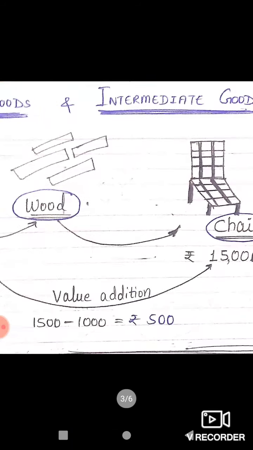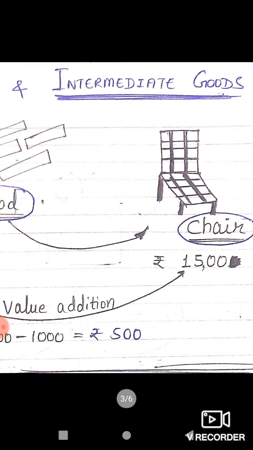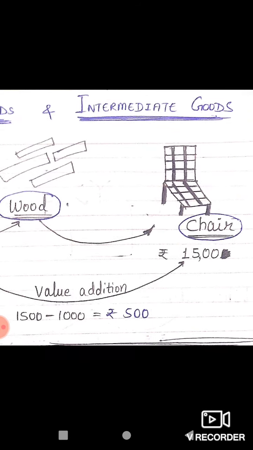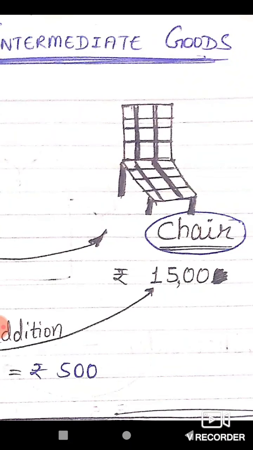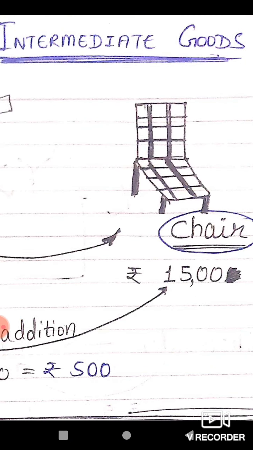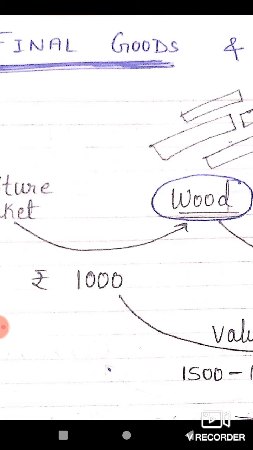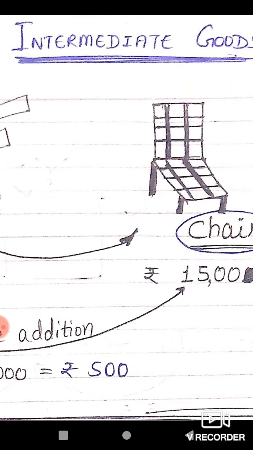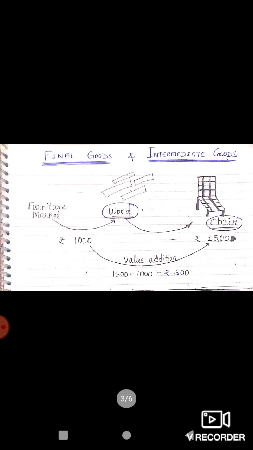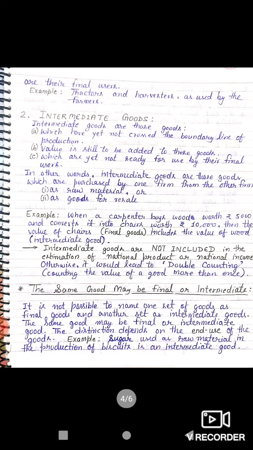They are talking about this chair which we have converted from wood, this 1500. In this 1500, the 1000 cost of wood is already included. This is the only thing they want to say there. So no need to pay more attention to this one.